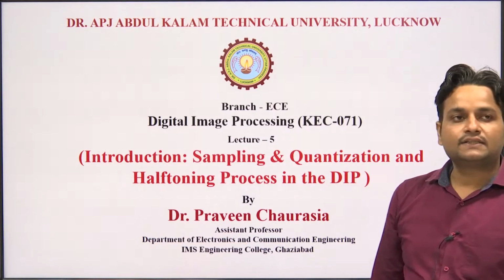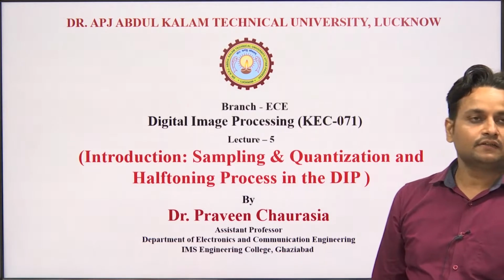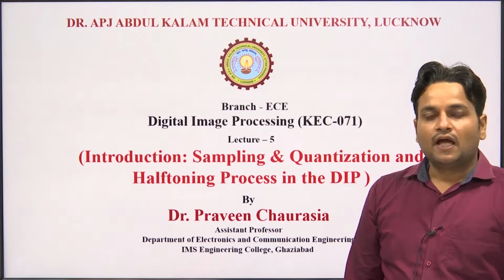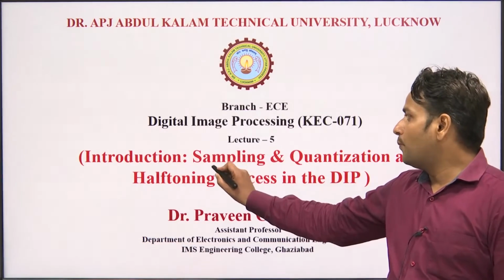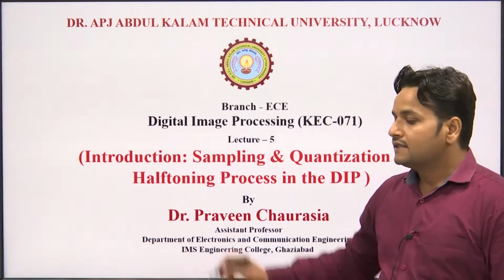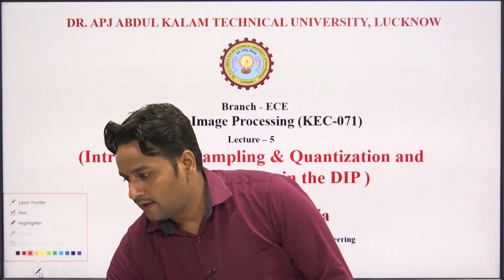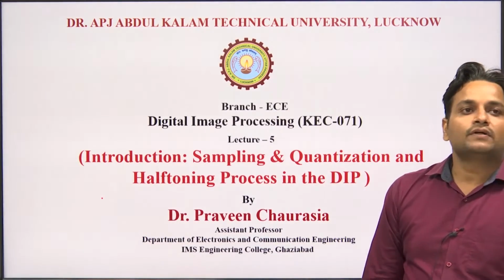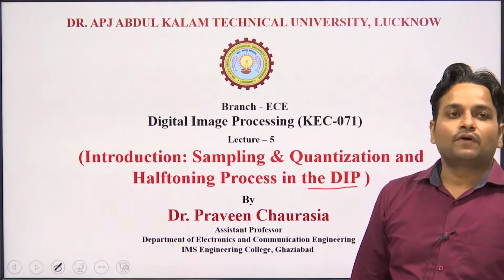In this fifth lecture, I will talk about the introductory portion of digital image processing, which has the code KEC 071. In this introductory part, I am talking about one of the important techniques, called sampling and quantization. After that, we will talk about the halftoning process, which is useful in digital image processing.